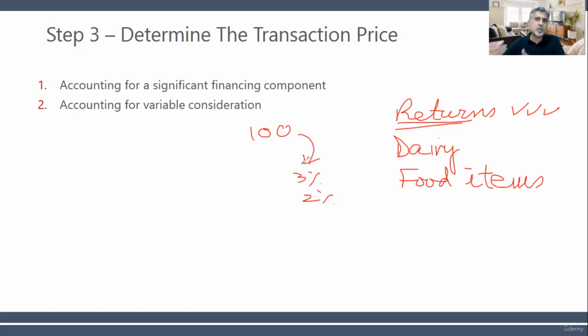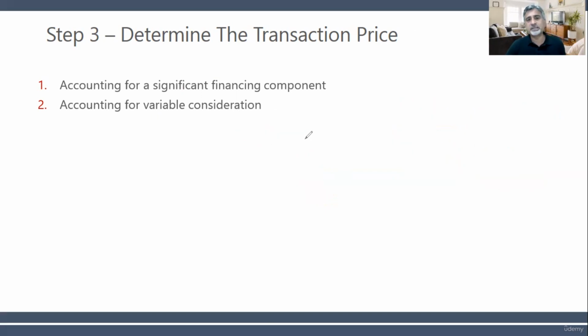So returns are a very normal practice. This is different from selling the shirt, or selling furniture. If you sell furniture, you don't expect that every customer will start bringing back furniture. But when you are a manufacturer of dairy products and you have 3,000 shops as your customers, every shop is returning something every day. So then your consideration again is variable, because of the 100 goods that go, some of them might come back. So we need to consider that as well.